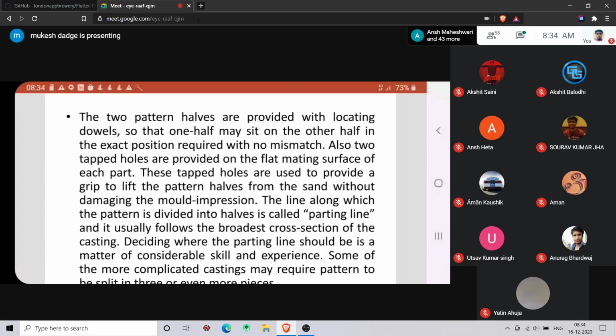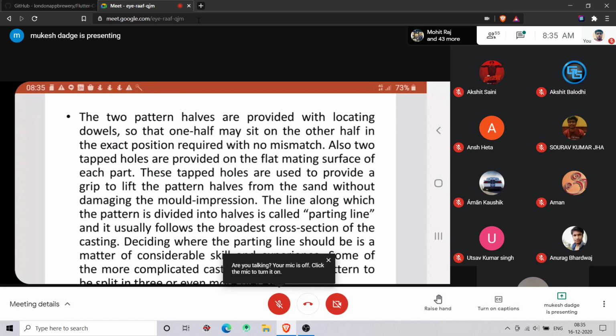Right. Also, two tapped holes are provided on the flat mating surface of each part. These tapped holes are used to provide grip to lift the pattern half from the sand without damaging the mold impression. The line along which the pattern is divided into halves is called the parting line.